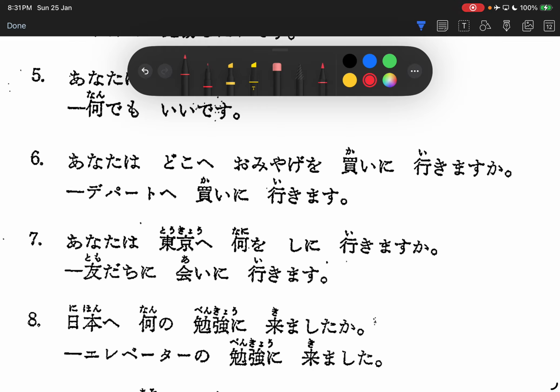So this ni is telling us for the purpose of buying something I go. デパートへ買いに行きます.